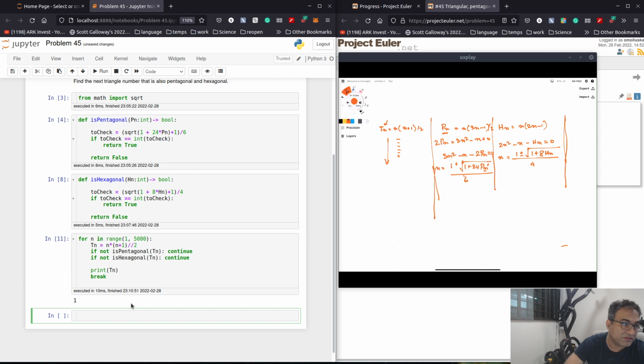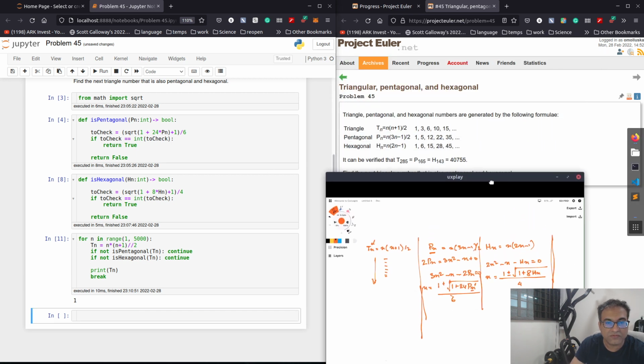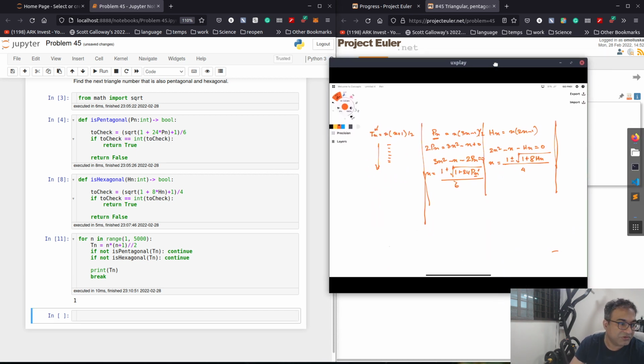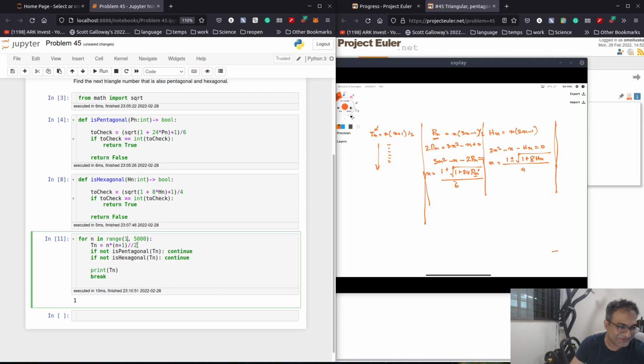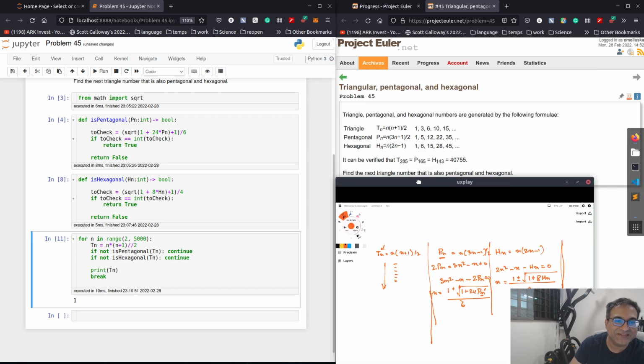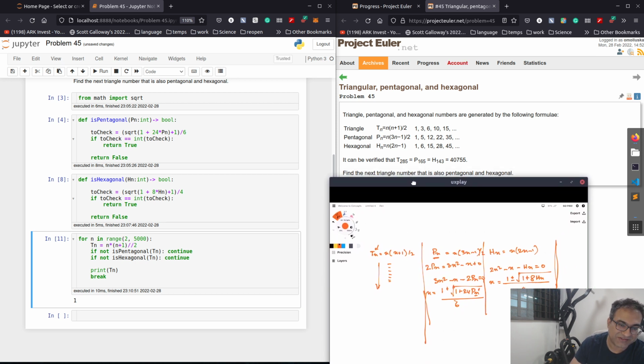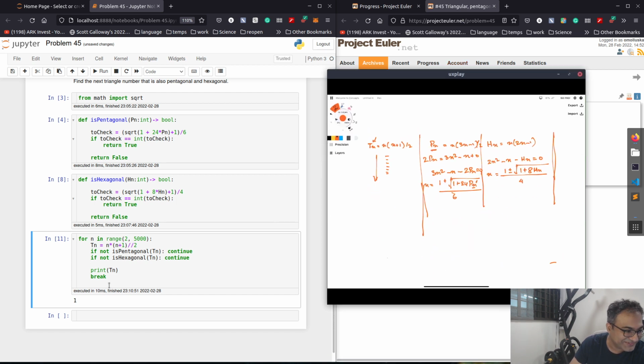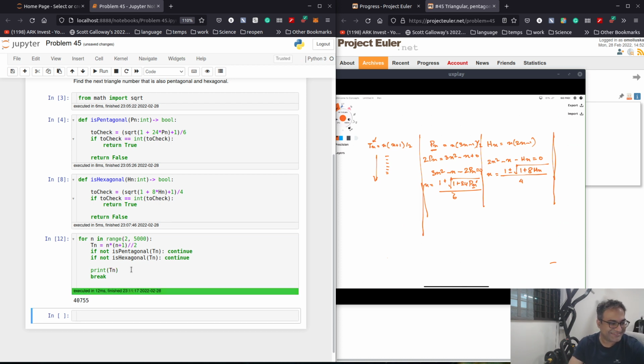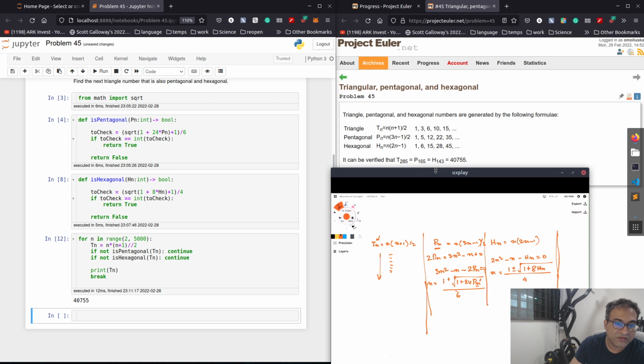1 is, wow, yeah, that is true. Damn. Wait, is that not a solution? Find the next triangle number. So they are clever with the wording. Okay, let's see. 40755.